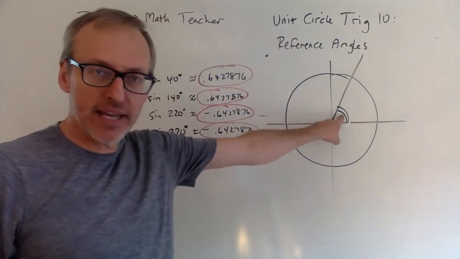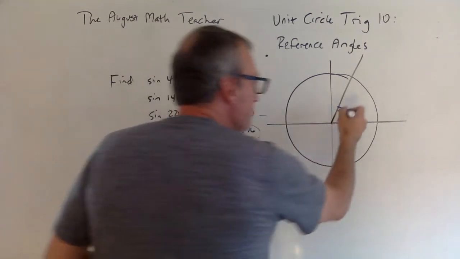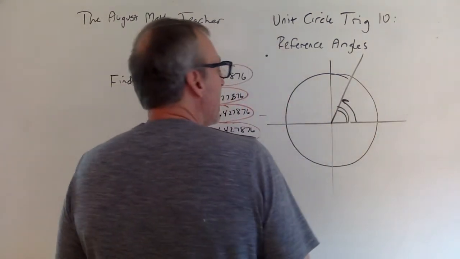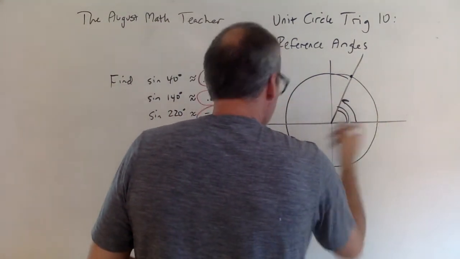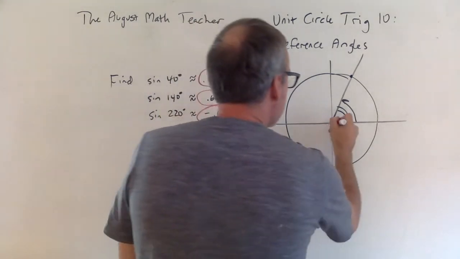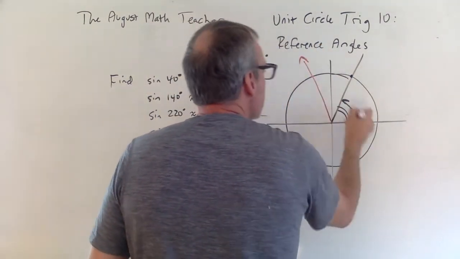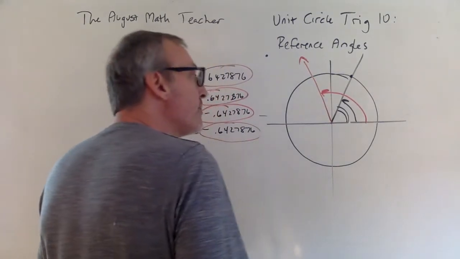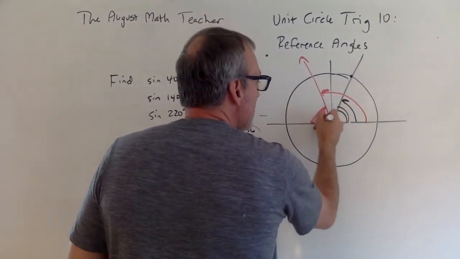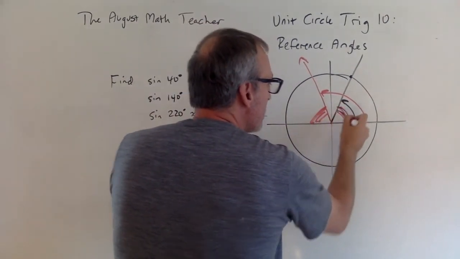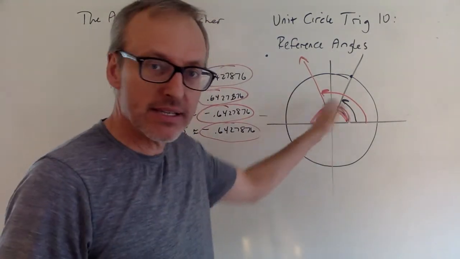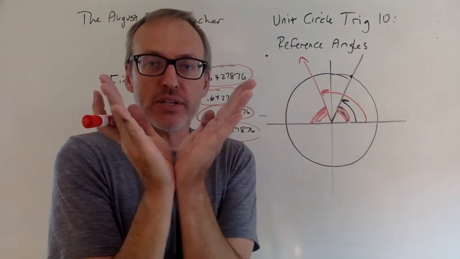If you had that angle, and maybe it's going this direction, and you had some other angle that maybe is going to be this angle there. If they make the exact same angle here and here with the x-axis, then these are reflections of each other.